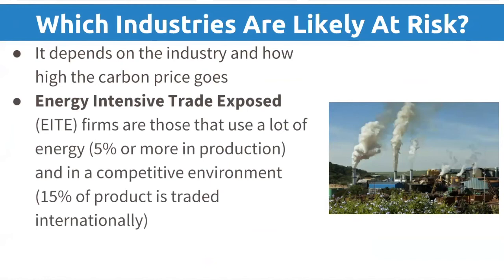A lot is defined as 5% or more of production costs and are exposed to trade competition. That is, about 15% of the product is imported or exported. Here's the acronym, EITE, Energy Intensive Trade Exposed. Generally, there's not much industry harm at low carbon prices at $10 to $15 a ton.